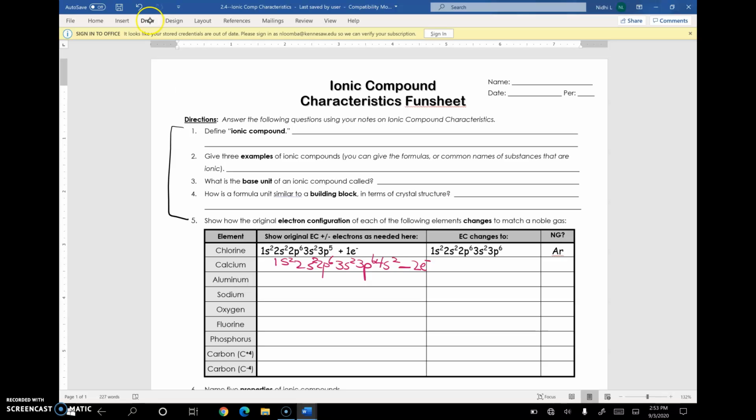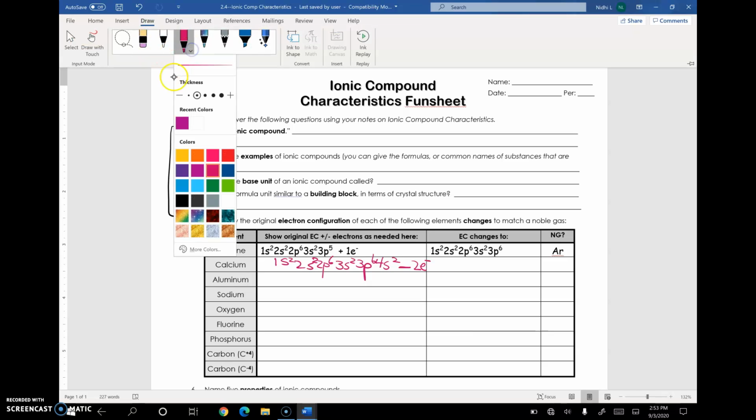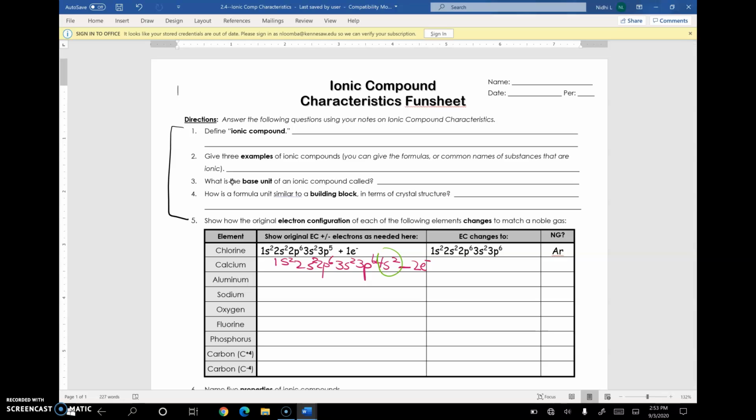We are going to get rid of this right here because this is 2 electrons. So your answer is going to be 1s2, 2s2, 2p6, 3s2, 3p6. Now this is the new configuration of calcium.